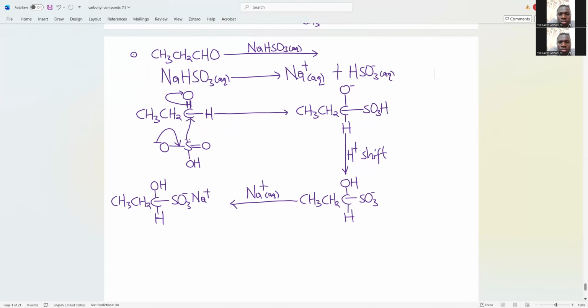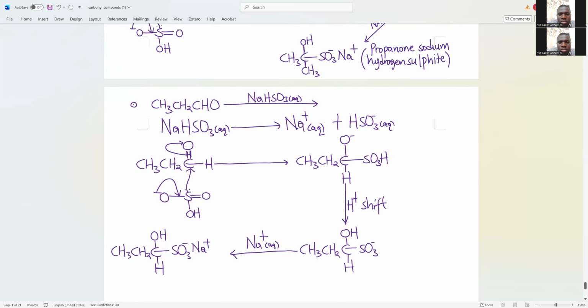Maybe just to complete my equation here. Will this space be enough? I think it is more than enough. This is C, carries OH, like that.